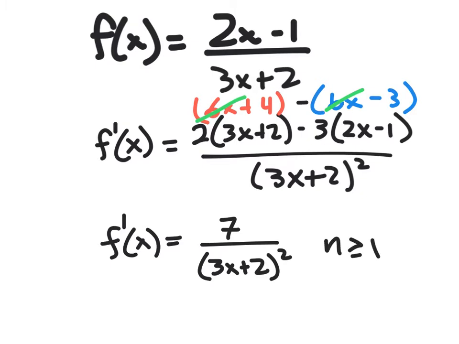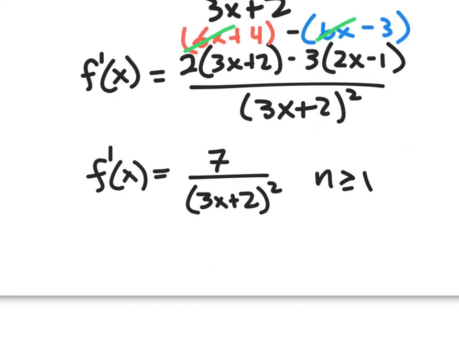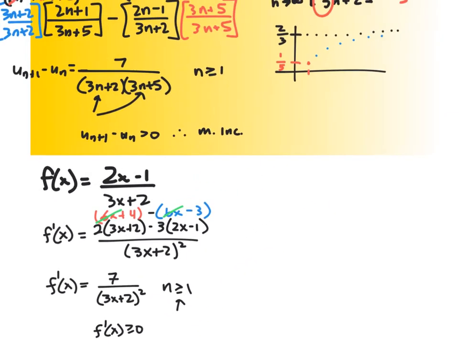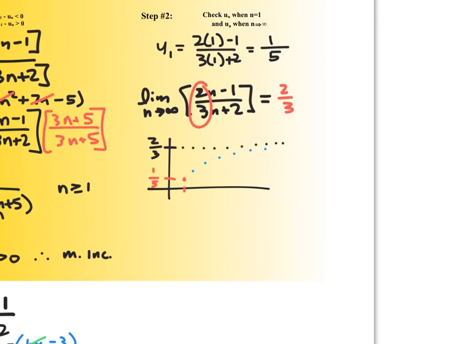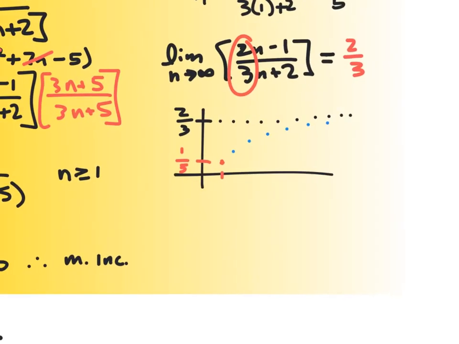Clearly, if n is greater than or equal to 0, then f prime of x will be greater than or equal to 0. Or I'm sorry, if n is greater than or equal to 1, then f prime of x will be greater than or equal to 0. Okay, so then you got to write a therefore statement.